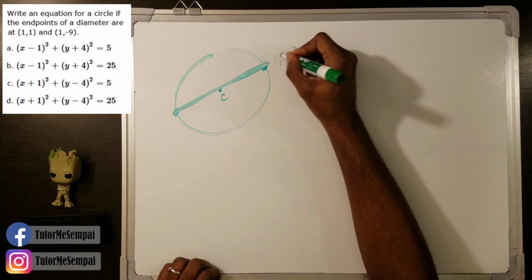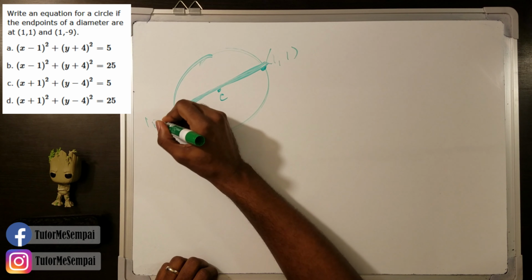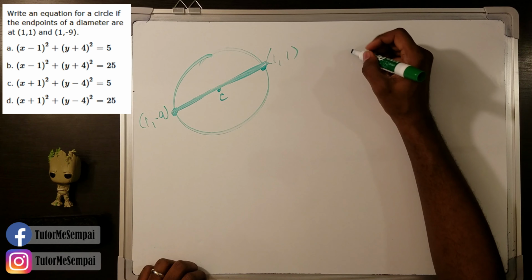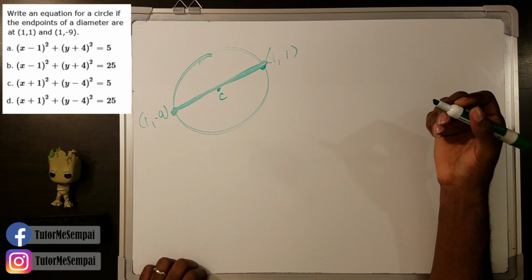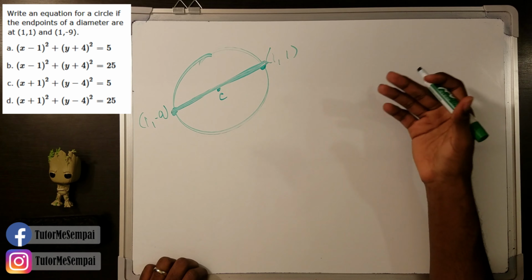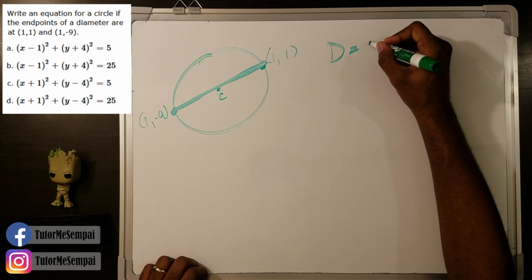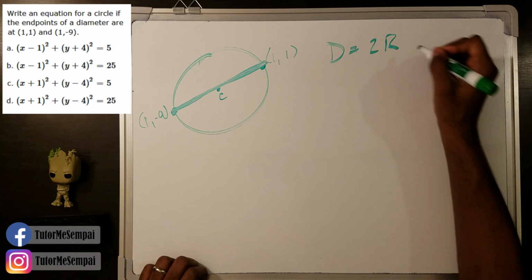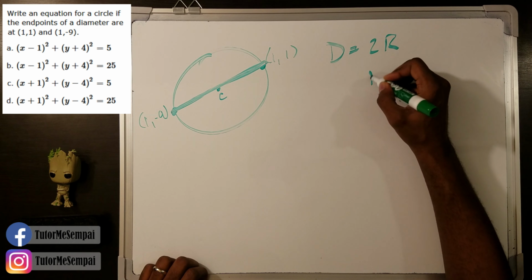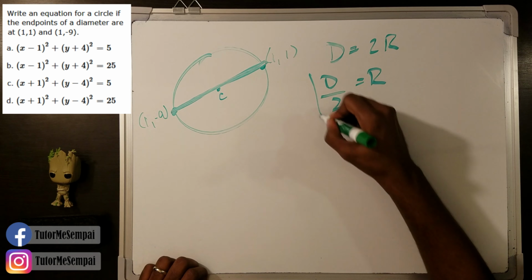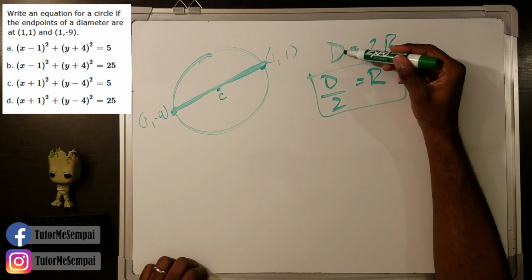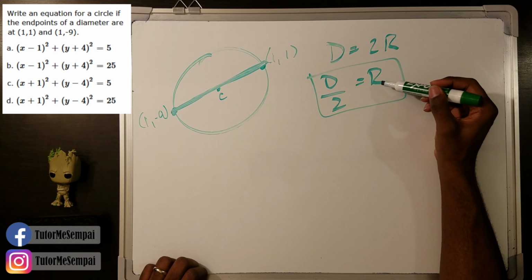So I'm going to put 1, 1 here, and then I'm going to put 1, negative 9 here. And remember, we also talked about how the diameter is going to be 2 times the radius. So if we can find a diameter, we can simply divide it by 2, and then we can find our radius. So this is what we're trying to get. We have to find our diameter first, and then we can find our radius.